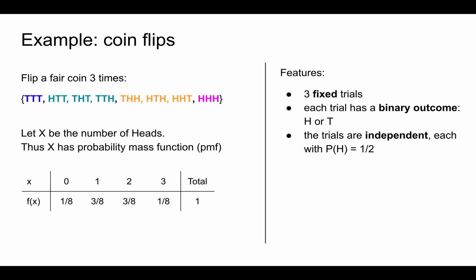Finally, in coin flipping, each trial, or flip, is independent. That is, the outcome of any one coin flip doesn't tell us anything about another. Further, each of these flips or trials has the same probability of success. Here, success means observing a heads. In this case, there's a probability of 1/2 of observing heads in each flip.